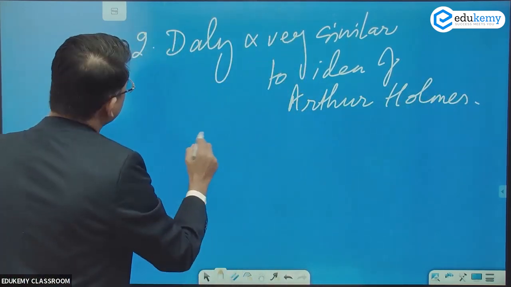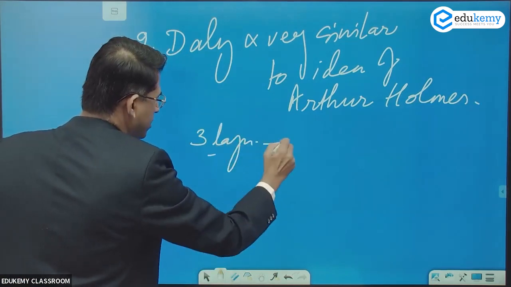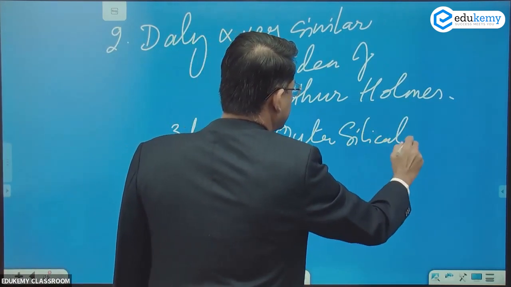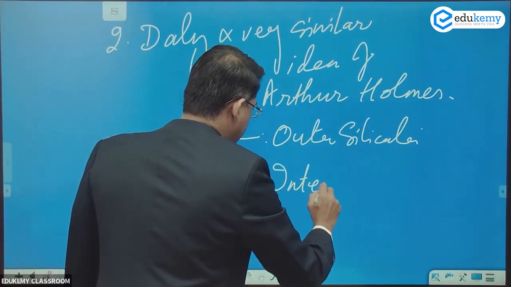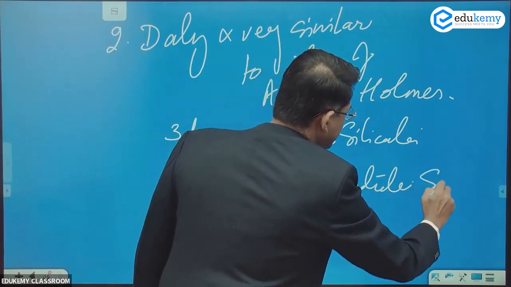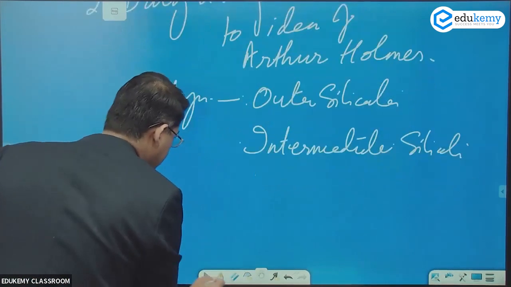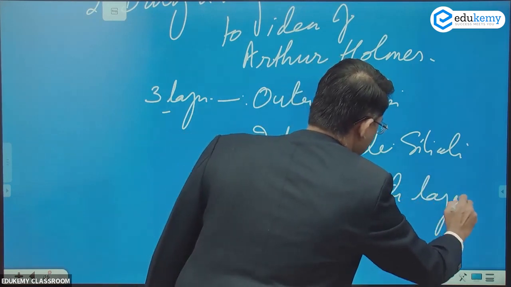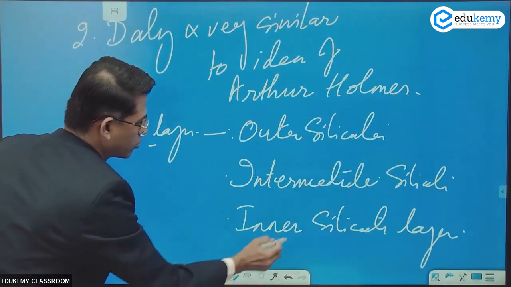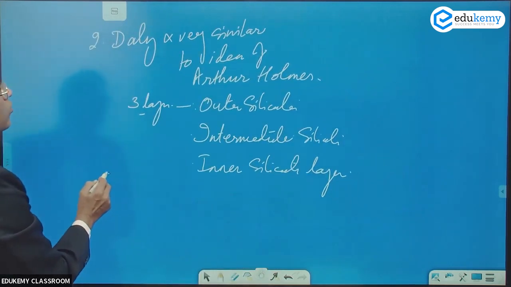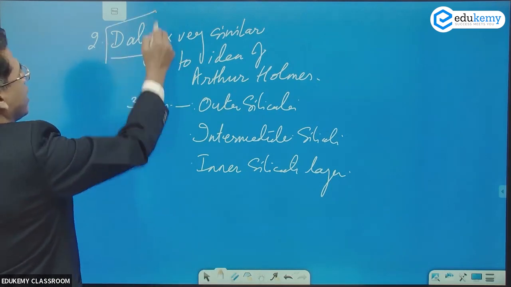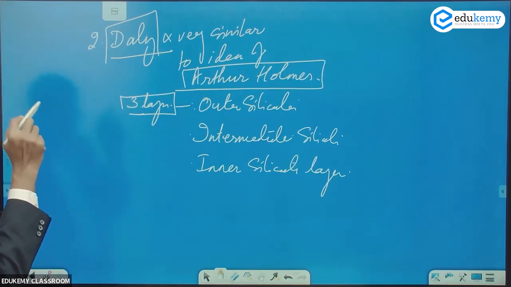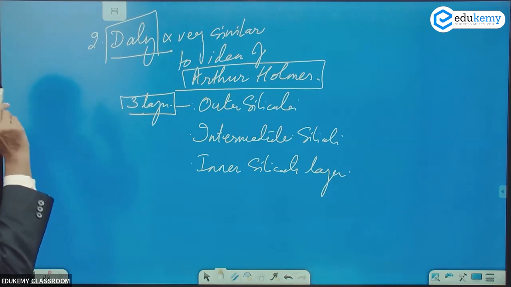They again talked about 3 layers: the outer silicates layer, the intermediate silicates layer, and the inner silicates layer.